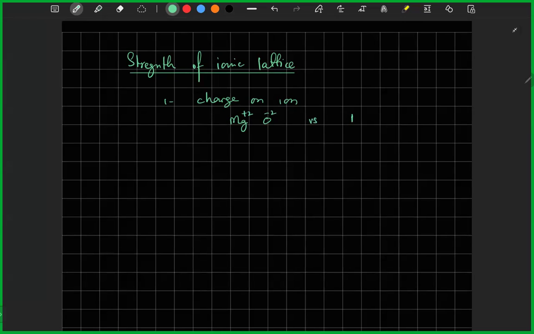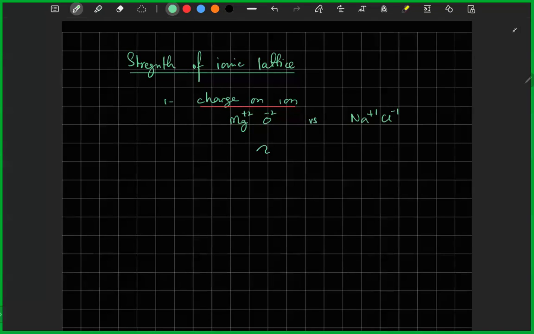Versus Na plus 1 attracting Cl minus 1, right? So obviously Na और Cl के बीच में attraction कम होगी because the charge is very less.